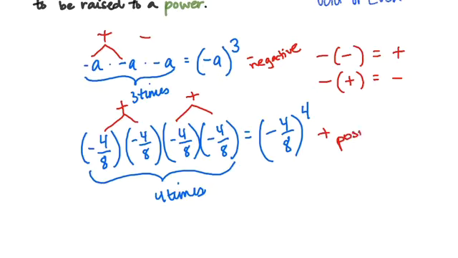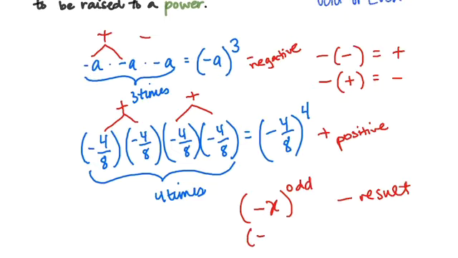So if we were to summarize this pattern and generalization, what we can say is that whenever a negative number is raised to an odd power, then your result is going to be negative.